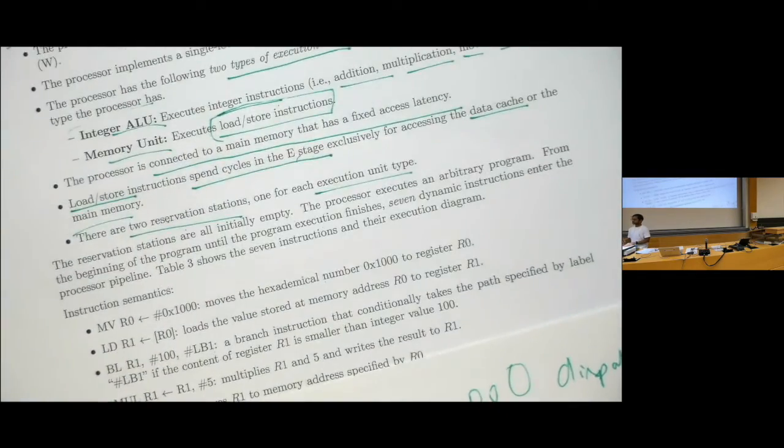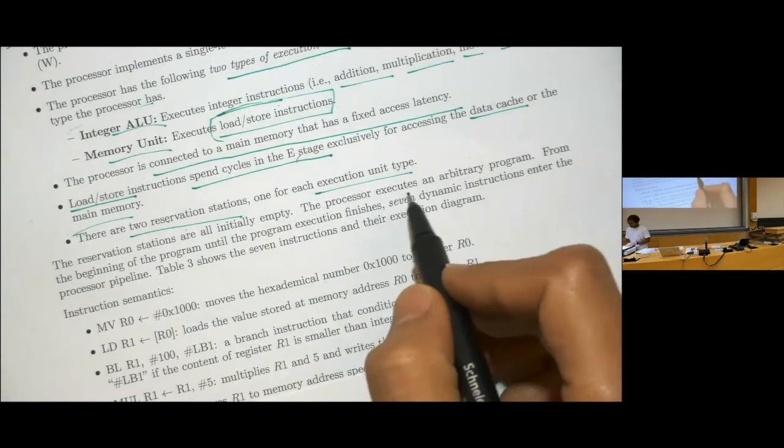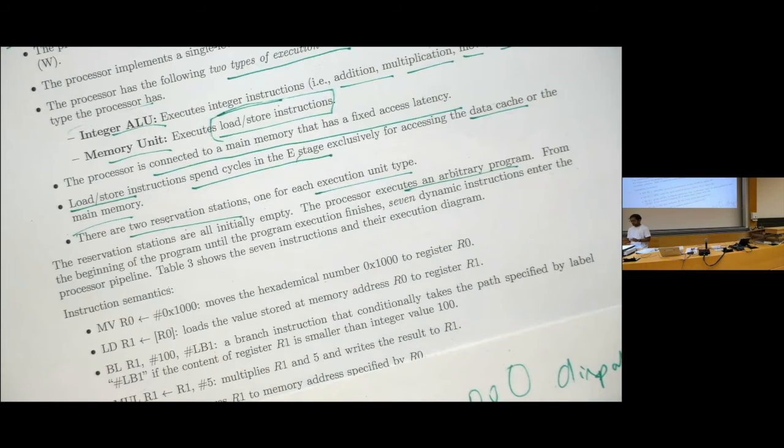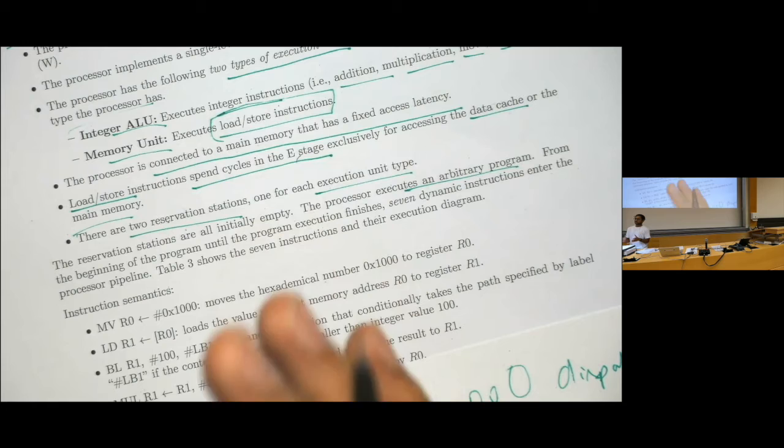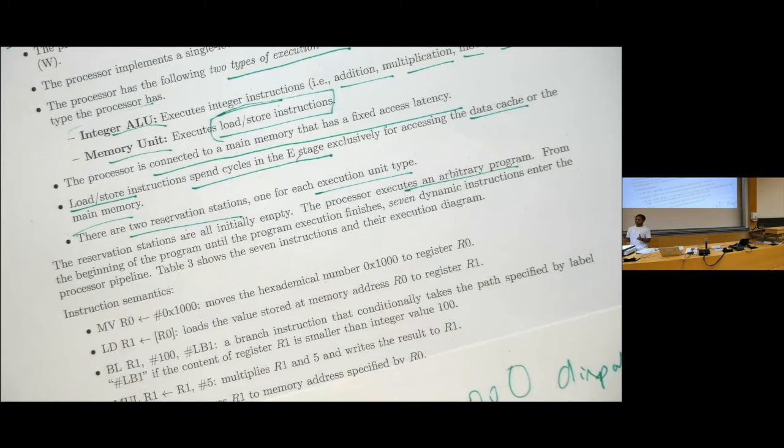The reservation stations are all initially empty. The processor executes an arbitrary program. All right, so arbitrary might sound confusing or difficult, but always remember, the question is meant to be solved, okay? This question does not have anything that is not known to you. It is designed to be solved. So if you just read it carefully and do not get thrown back by these kinds of words, you will do it.